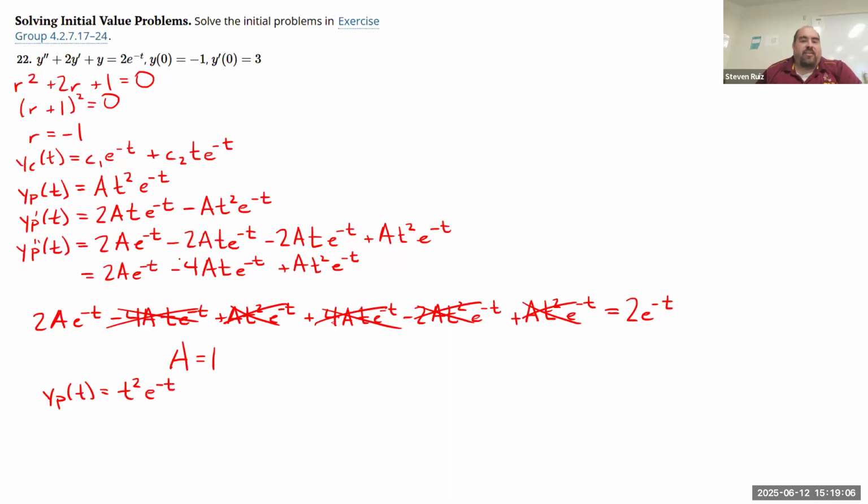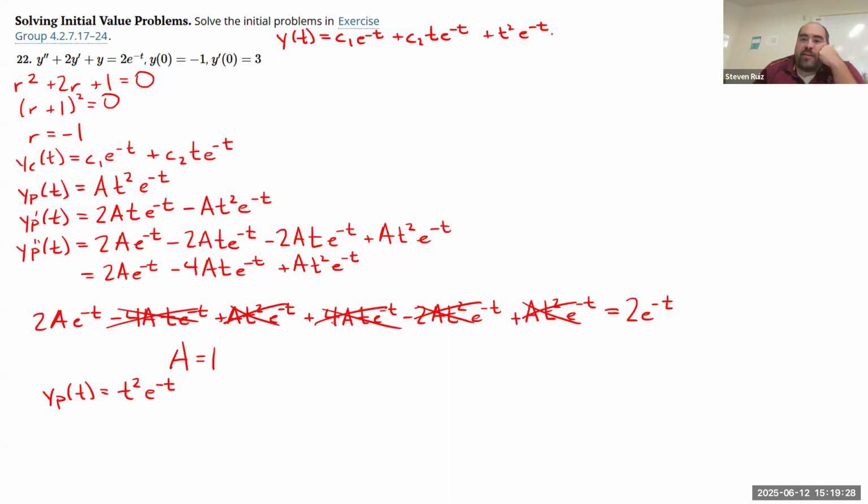All right, so now we have this. I'll write it up here at the top. Y of t is equal to c1 e to the negative t plus c2t e to the negative t plus t squared e to the negative t.